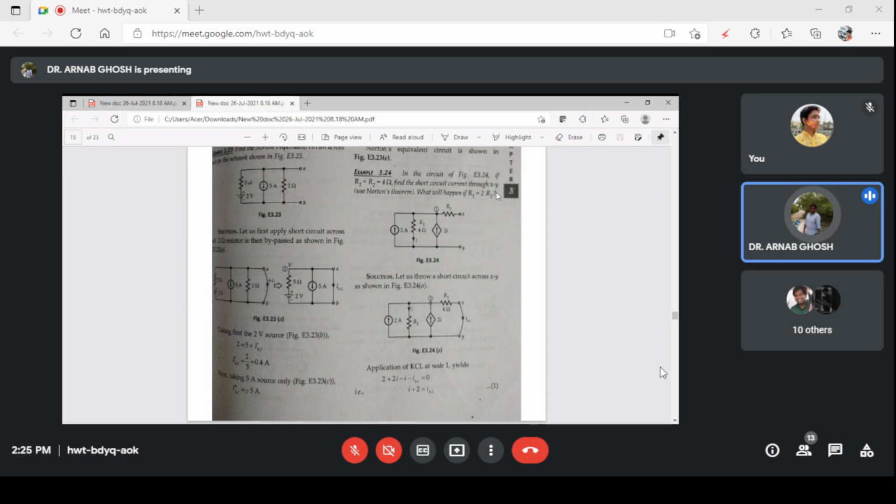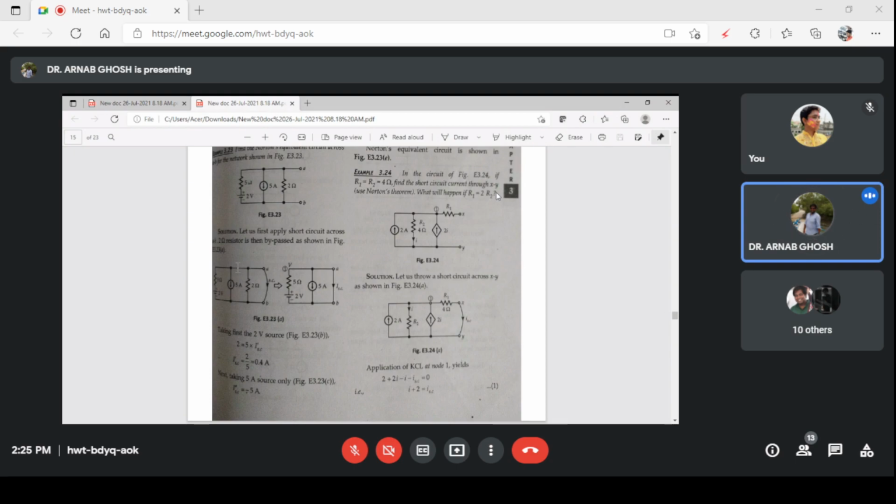ISC equals I plus 2. Another is ISC R1 minus IR2 is equal to 0. So you are having, okay. So when R1 is equal to R2 in the problem, this equation becomes ISC into R1 minus R1 by 2.